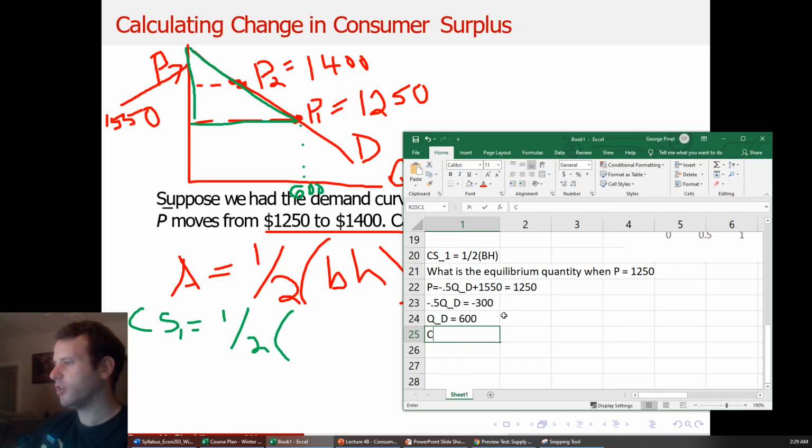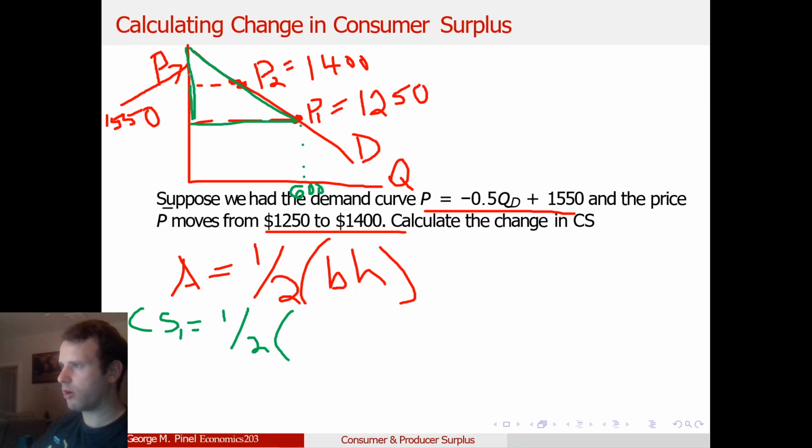All right, so you have consumer surplus 1 is equal to 1/2 times your base of 600. What about your height? Well, the height is this guy here on the left side. We know that the y-intercept is 1550, and this point is 0, 1250 because that's the equilibrium price.